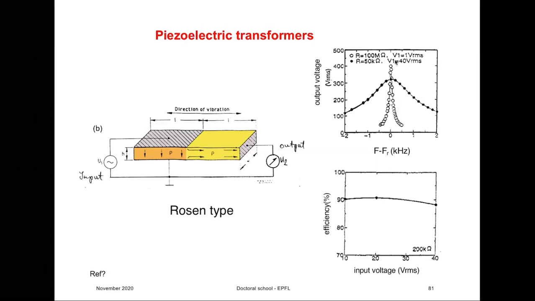So here are examples. You can amplify a 1 volt signal to 400 volts, so it's a 400 multiplication on a load of 100 mega ohms, or 40 volts over a 50 kilo ohms load, from 40 to about 300 volts, so almost 10 times.